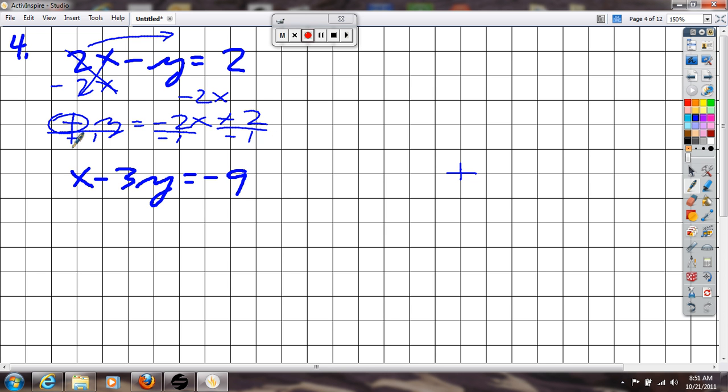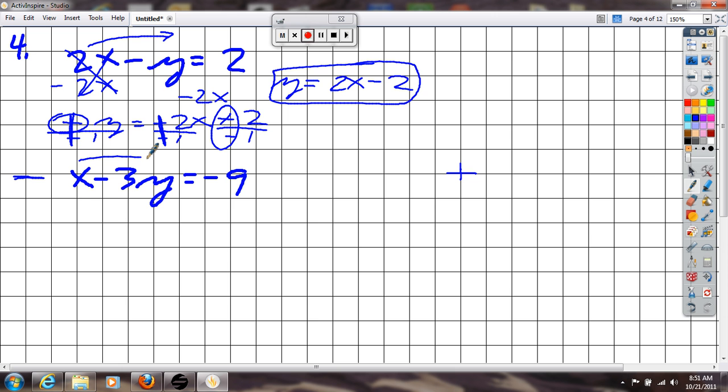These double negatives here cancel. Double negatives here in front of the 2 cancel. And that leaves me with y is equal to 2x minus 2. Because all the negatives, one's plus, one's minus, gives me a negative. So my first one I'm going to graph is this one. Second one is down here.